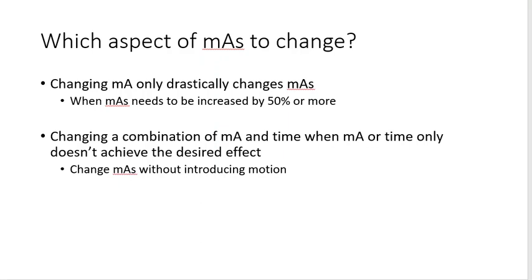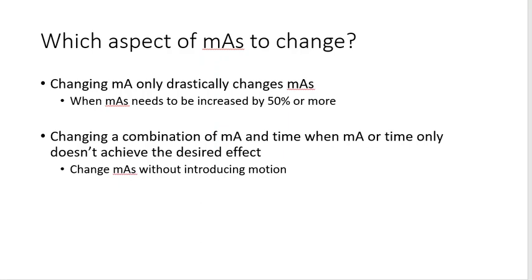Or if we need to change the grayscale, then we might want to change kVp. But most of the time it's going to be mAs. So you'll see some questions that have a combination of kVp and time, kVp and mAs, or a combination of MA and time to consider.